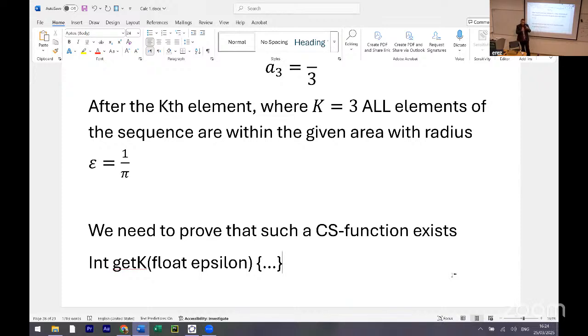And these are pairs. For every epsilon, there will be a k. For epsilon 1 over pi, the k was 3. But we need to prove that for every epsilon, there exists a pair.